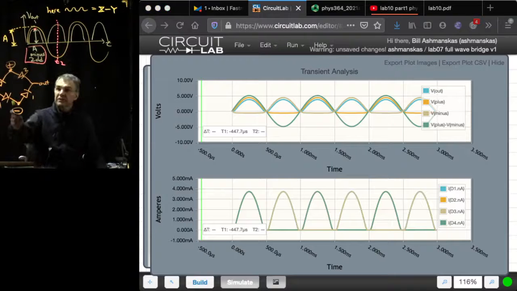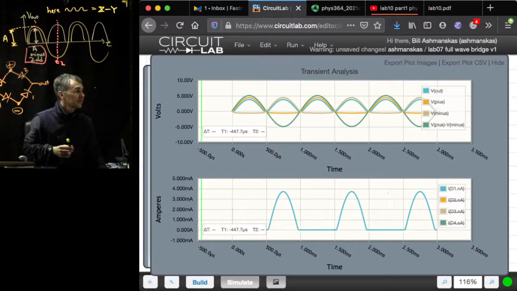I called these 1, 2, 3, 4, starting at the right side and going around counterclockwise. So if we look at the current through diode 1, it seems like 1 and 3 should be on at the same time, and that does seem to be true.